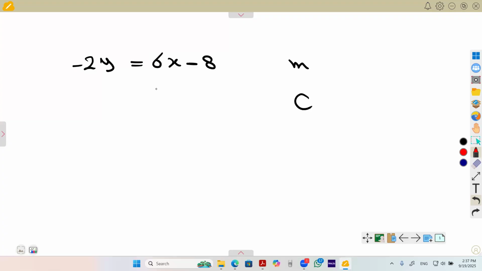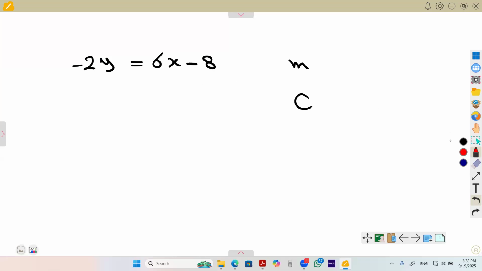Minus 2. Take the 8 to the other side? No.